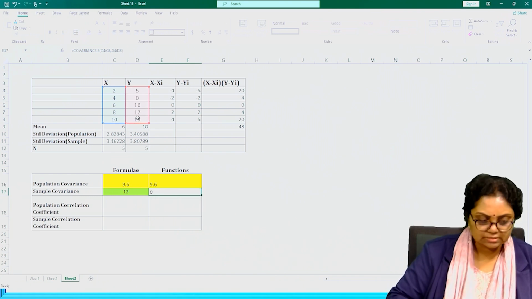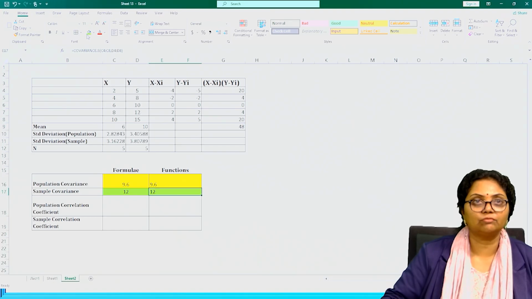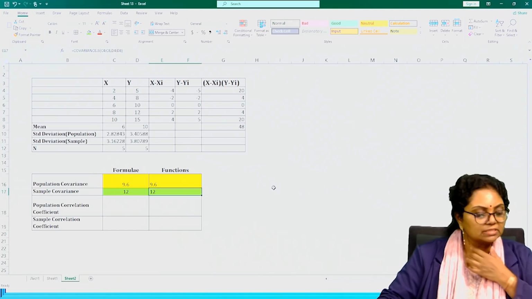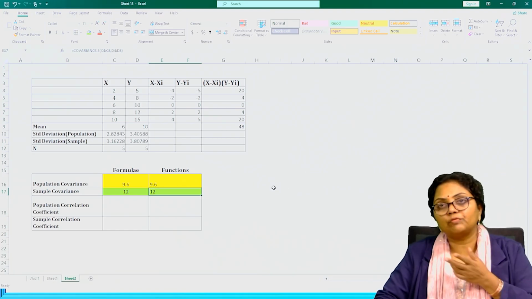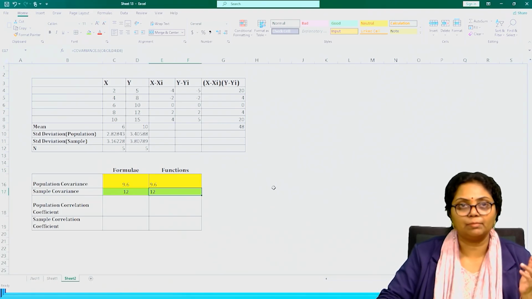Close the parenthesis and press enter. Yes, absolutely, we are getting the same answer making use of the Excel default function. So in both cases, whether it is population covariance or sample covariance, by making use of the formula and also by making use of functions, we get the same answer.